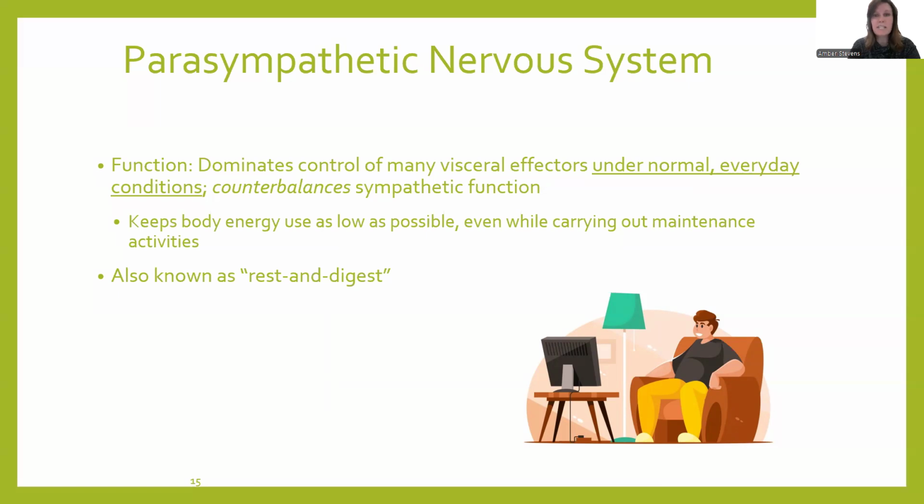It's known as rest and digest. The parasympathetic functions differ in that it dominates control of the visceral effectors during normal everyday conditions. Impulses tend to slow the heartbeat. You have increased peristalsis and increased secretion of digestive juices and insulin.